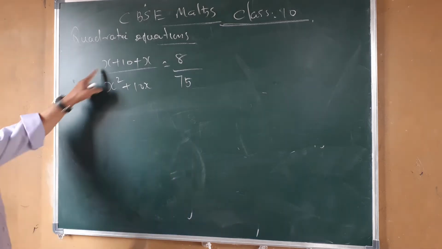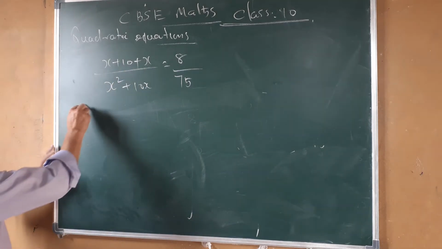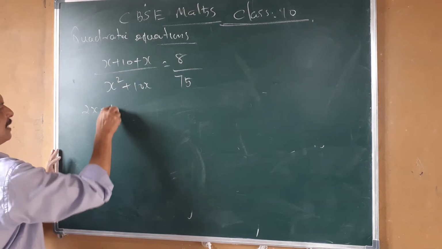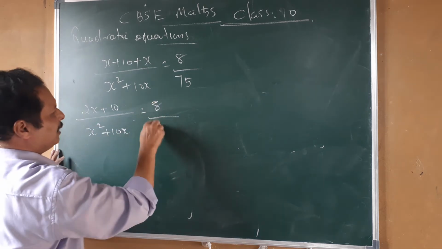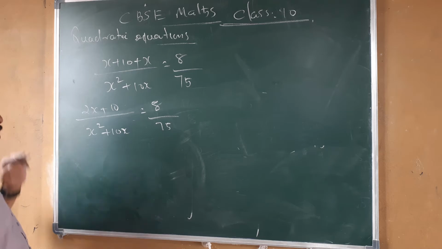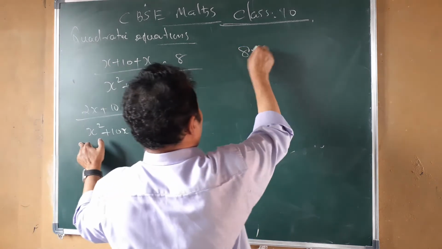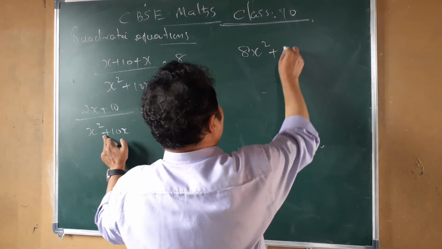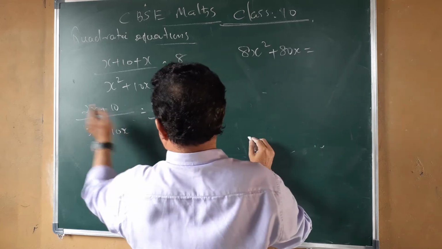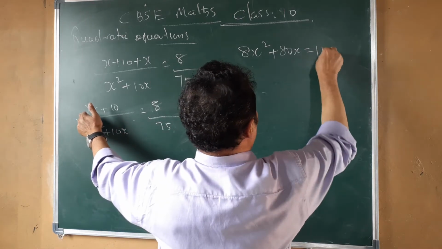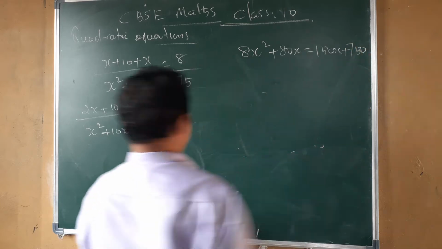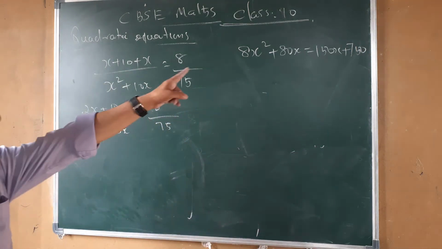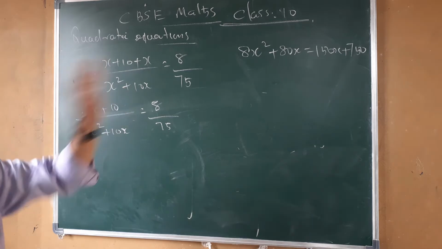And here x plus x is 2x plus 10 by x square plus 10x equal to 8 by 75. Then cross multiply: 8 into x square, 8x square, 8 into 10, 80x, equal to 75 into 2x, 150x, 75 into 10, 750.